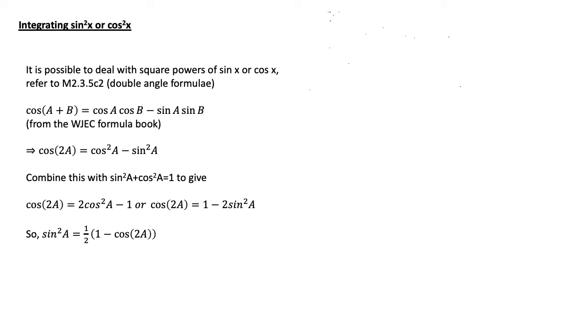It doesn't make any difference, but I'll quite happily get that 2 sine squared A is equal to 1 minus cos 2A, and therefore sine squared A will be 1/2 of bracket 1 minus cos 2A. And again, by the same sort of thing, cos squared A would be 1/2 of bracket cos 2A plus 1.